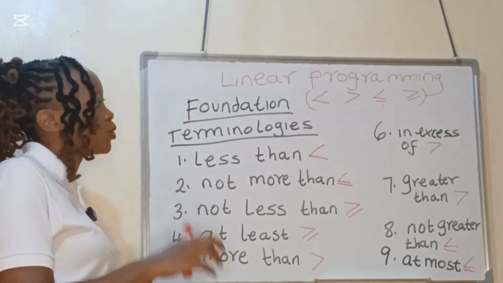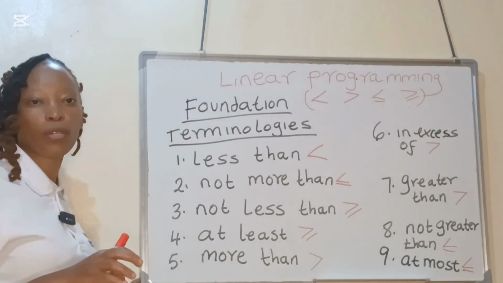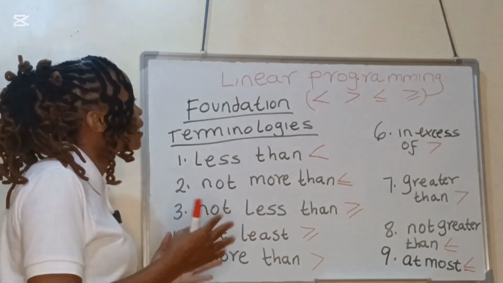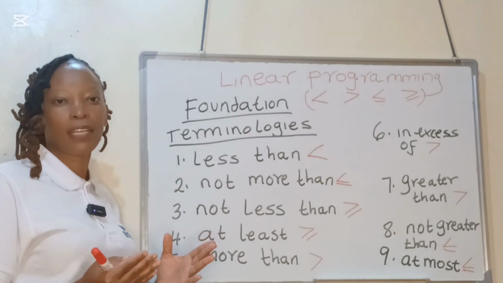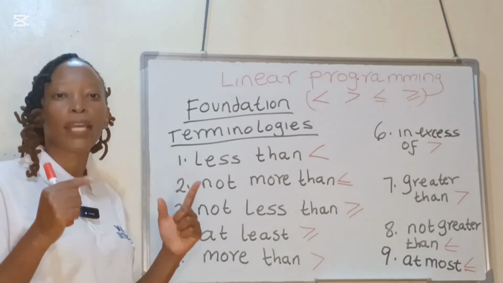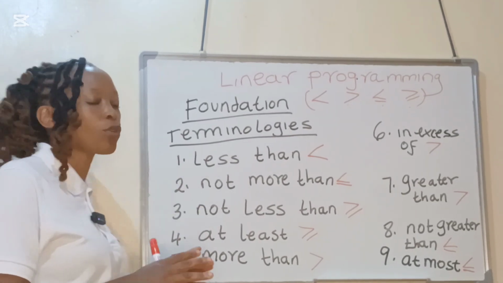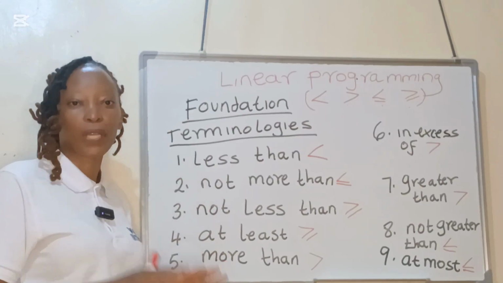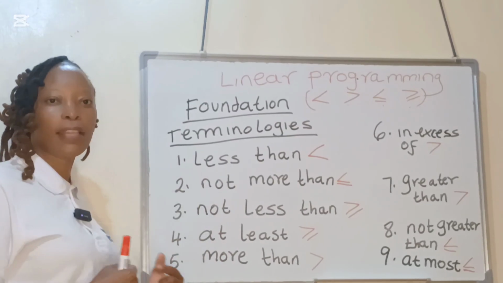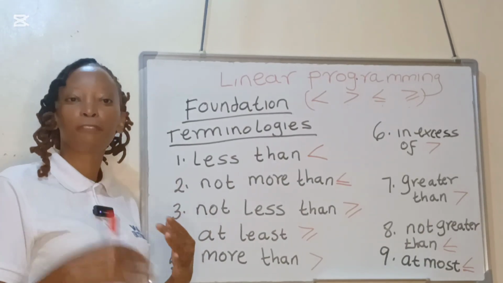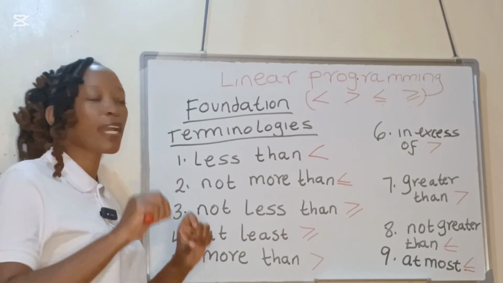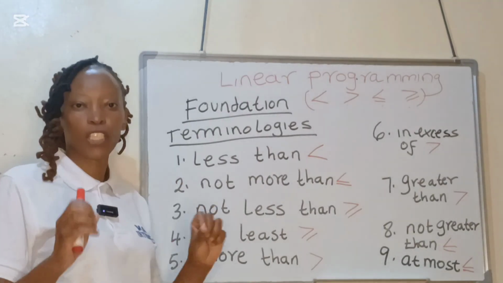But as I teach you, by the end of the lesson, you are going to help me define what linear programming is, because mathematics is not about cramming. You need to understand, then you can define linear programming.